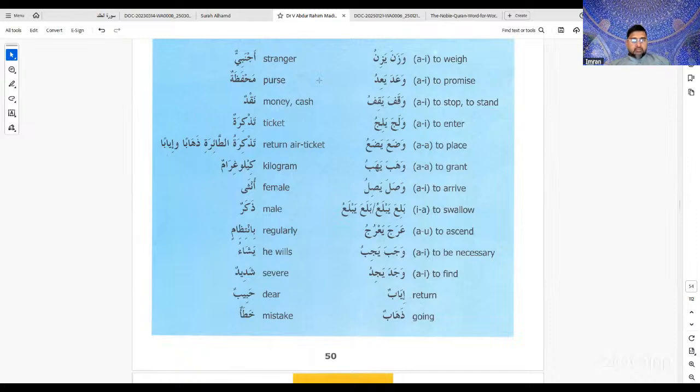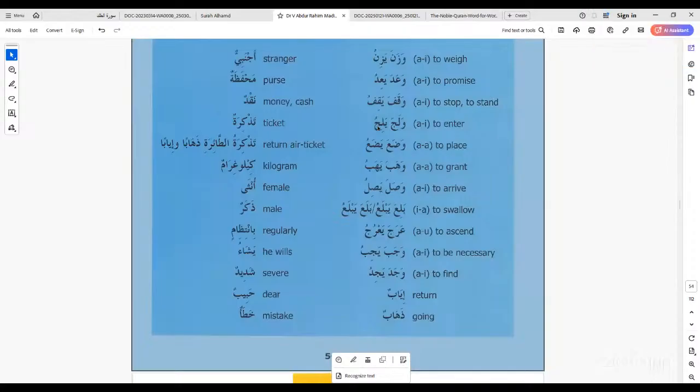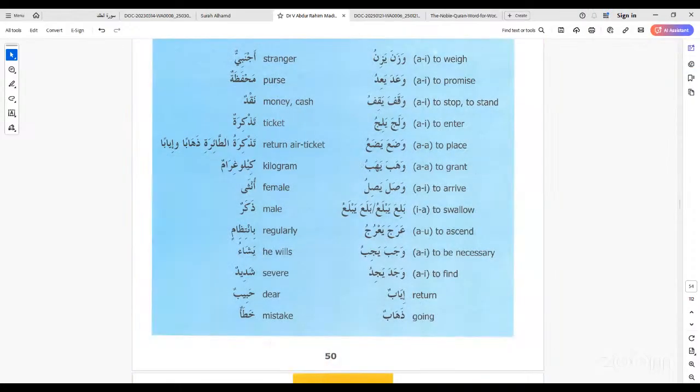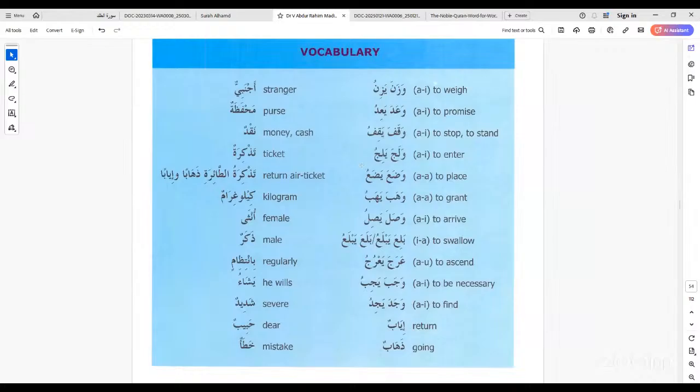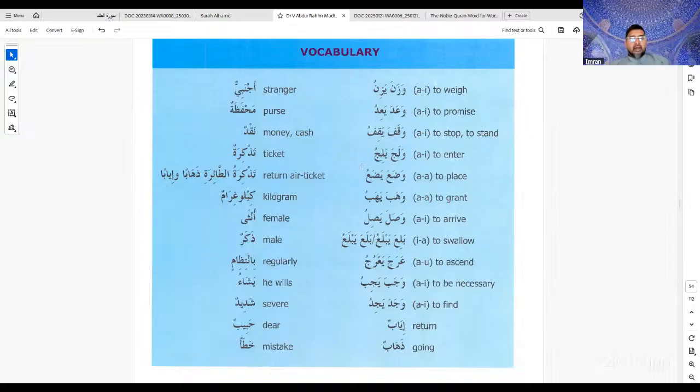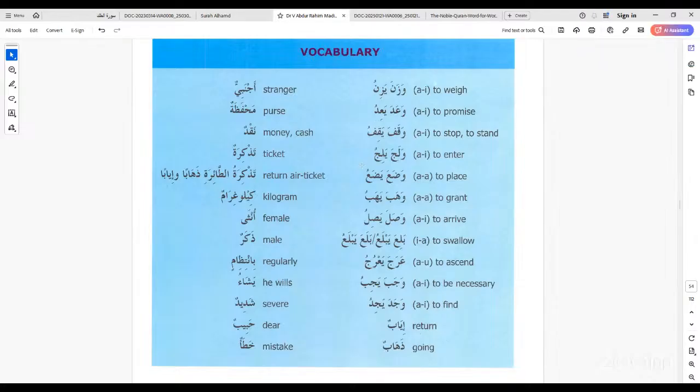Can I ask Sister Razia to do the vocab on the left-hand side, please? Sure. Ajnabiyun, stranger. Mahfadatun, purse. Naqdun is money and nuqudun is plural, correct? Tazkira, ticket. Tazkiratu ta'iratin, dhahaban wa iyaban, return air ticket.